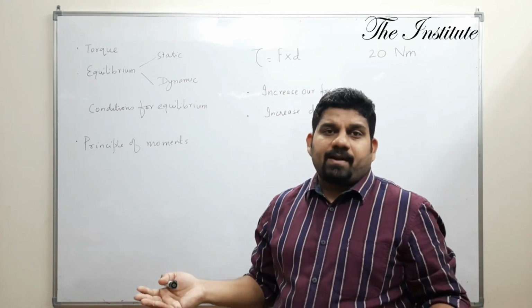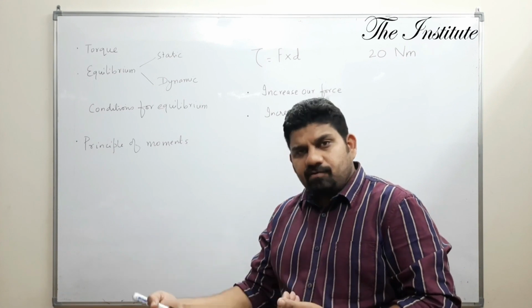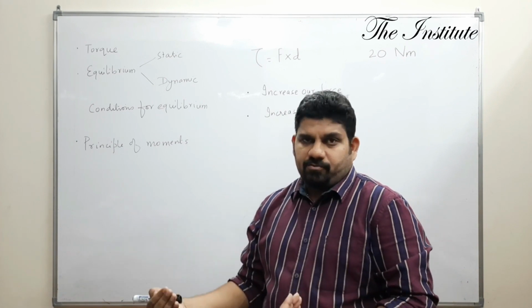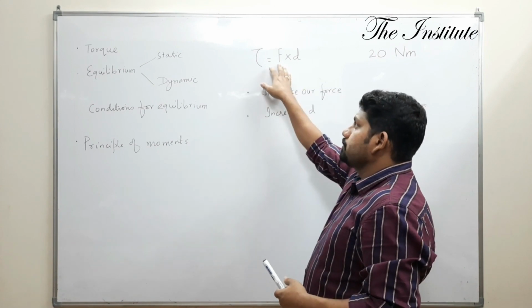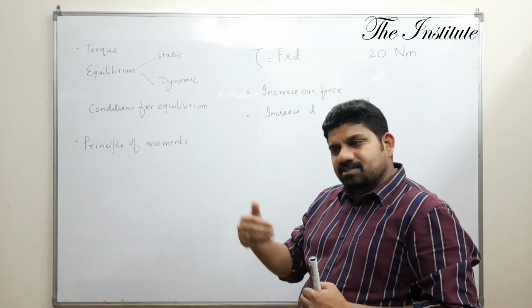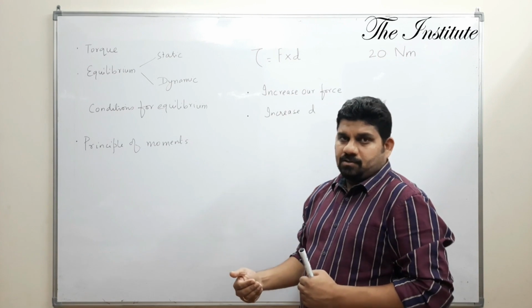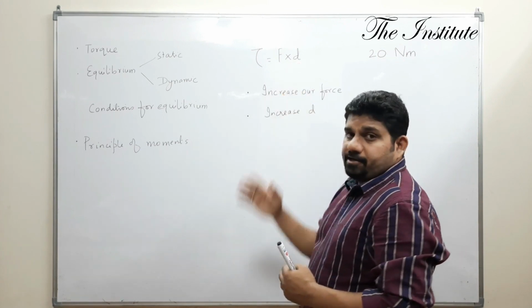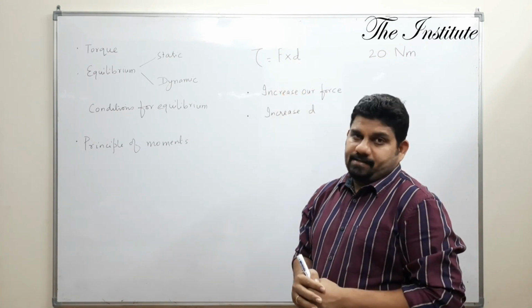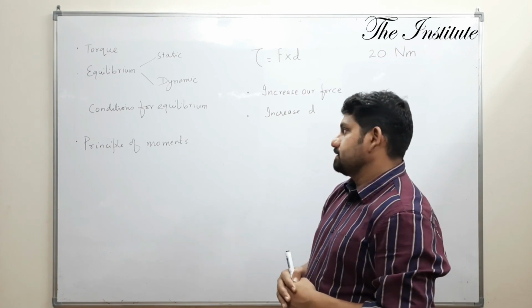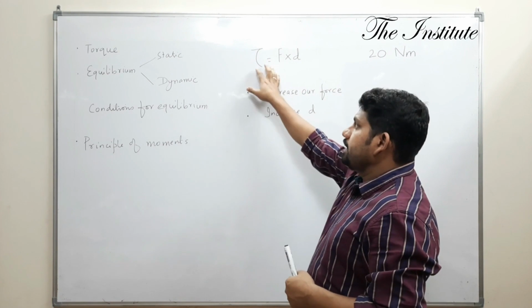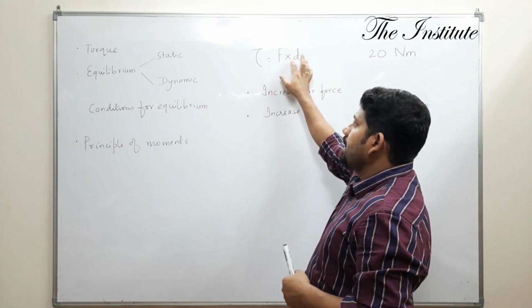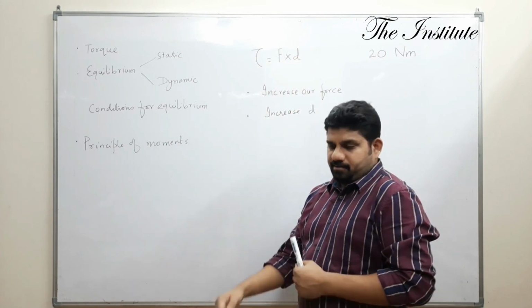Whether you give it by applying 20 Newton force, 5 Newton force, 1 Newton force. So my point was that given an option, all of us would like to use lesser force. So for that, you need to increase d, perpendicular distance. So with this example, I'm sure it is clear that torque depends not on one, but on both the factors, right?